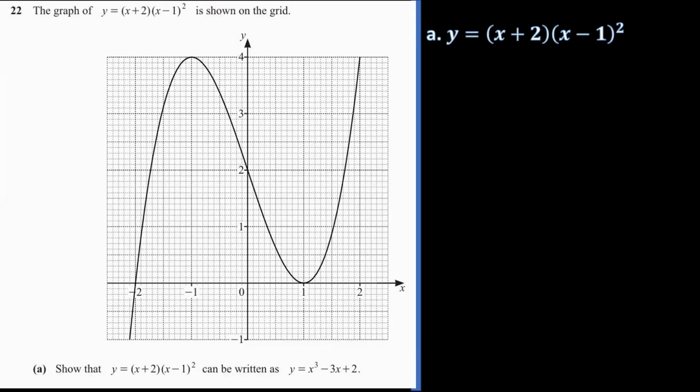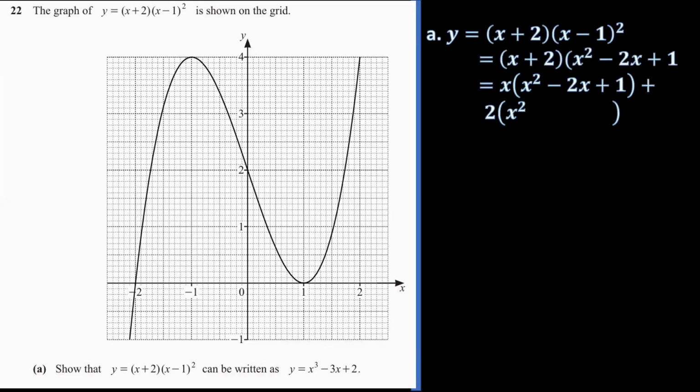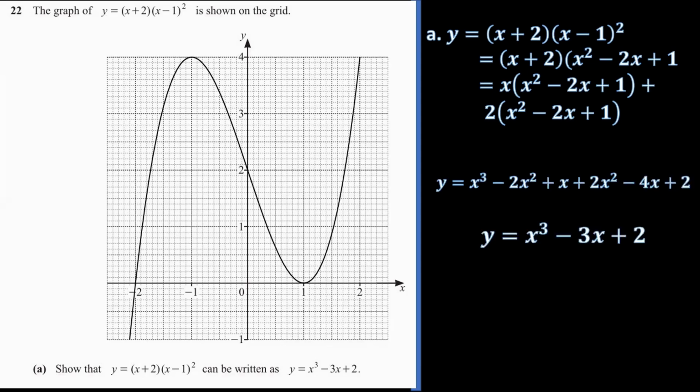And so this is the expansion. So first expand the second bracket, which will give us s squared minus 2s plus 1. And so I will now use the element of the first bracket, s, to multiply all the elements of the second bracket, and I will use 2 to multiply all the elements of the second bracket, okay?